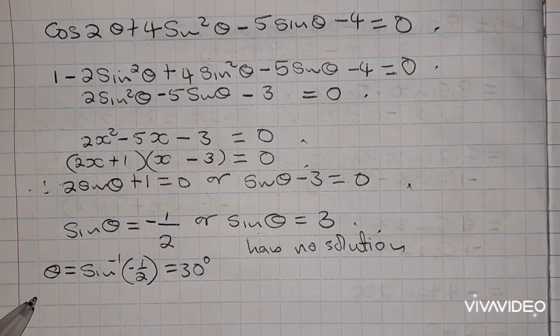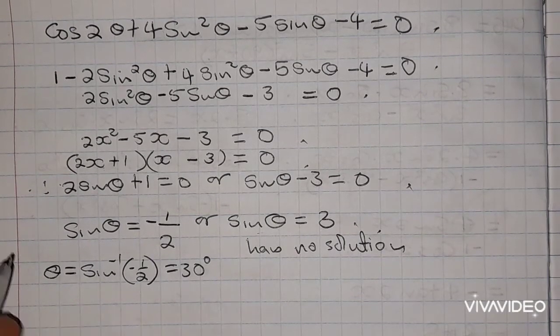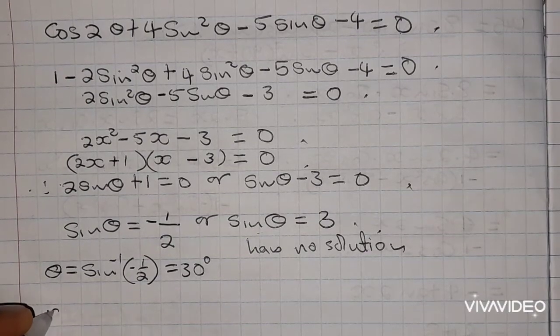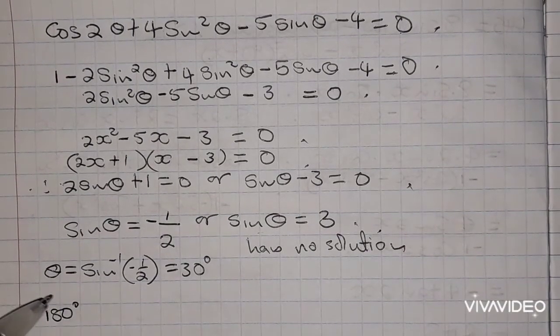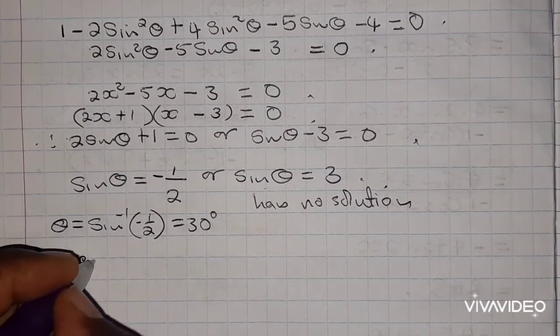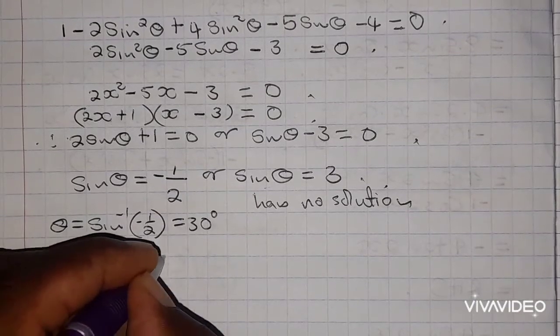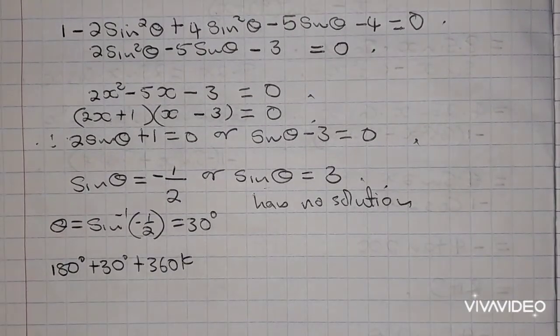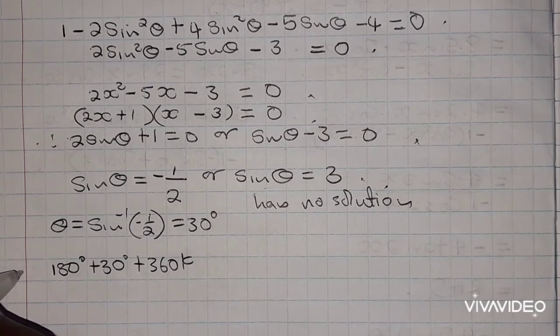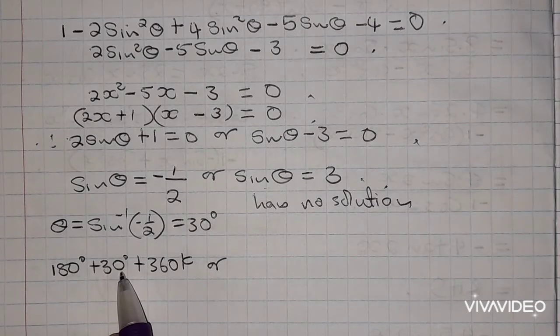So we are saying in the third quadrant, using our reference angle, 180 degrees plus 30 degrees plus 360k, right? This is the third quadrant.